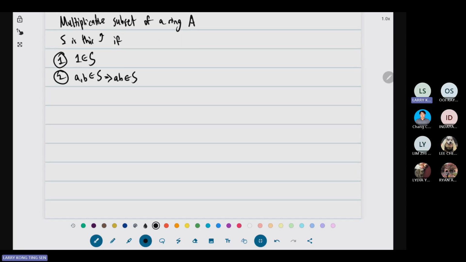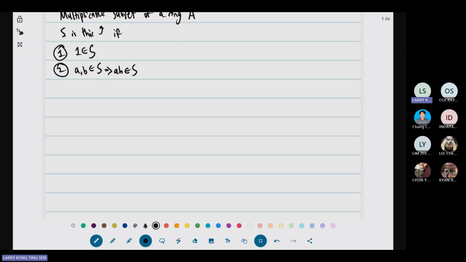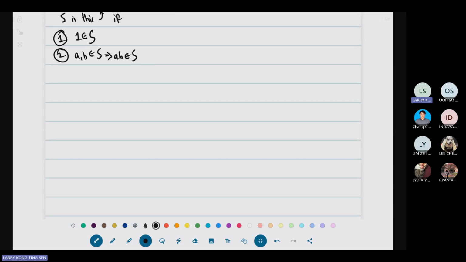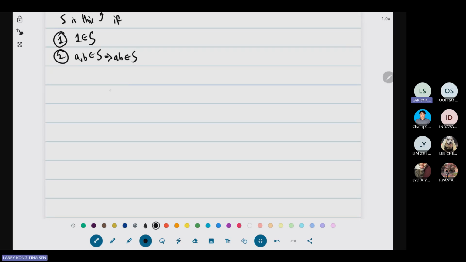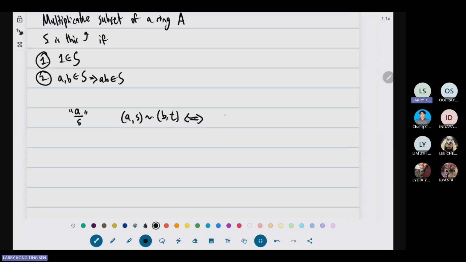So from here, we can define an equivalence relation between them. That is, we can define a/s to be equal to b/t if and only if there is some u in S such that u times (at - bs) equals 0.